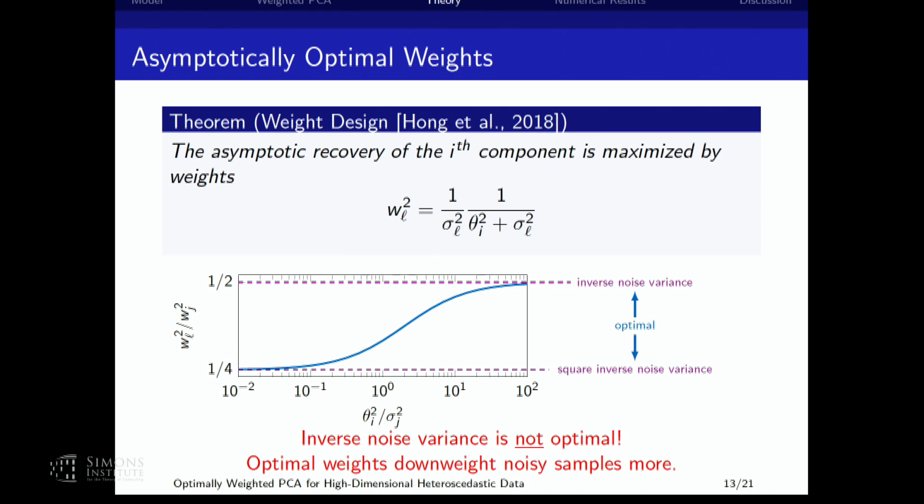Okay? But in particular, neither one of those is ever optimal. The optimal choice of weights is somewhere in between. And also in particular, the optimal weights will downweight the noisier samples more. And so that's why we'll see in some cases where the noise is very, very large, actually using binary weights is also close to optimal.